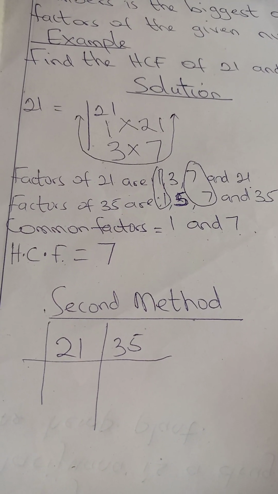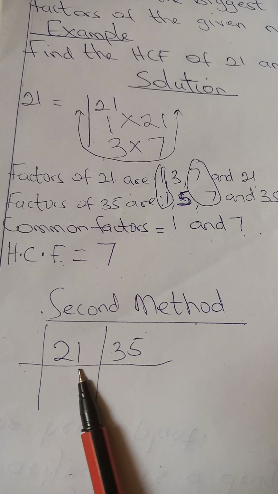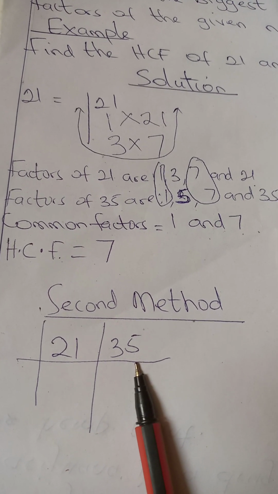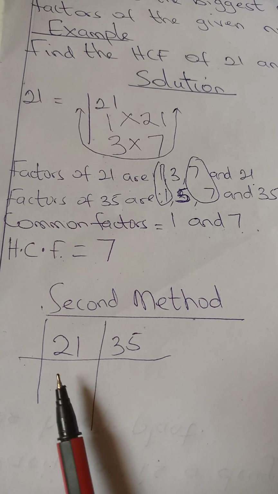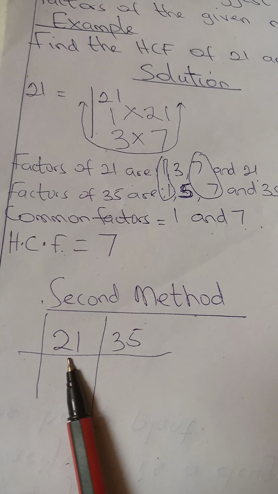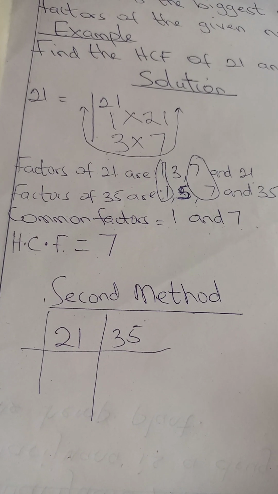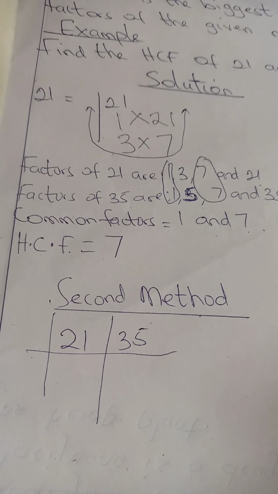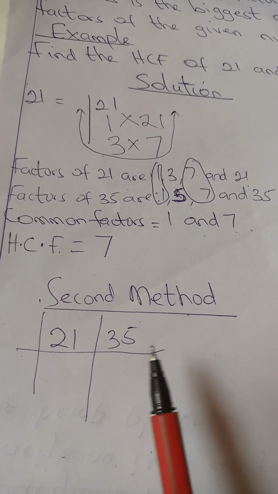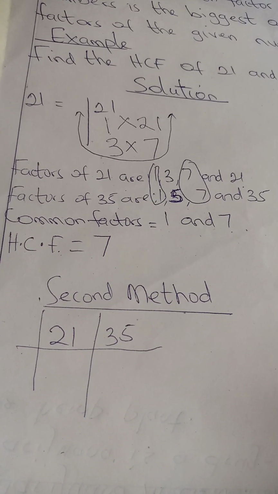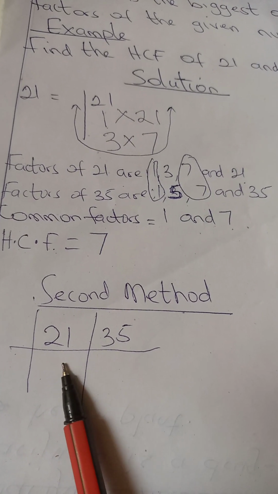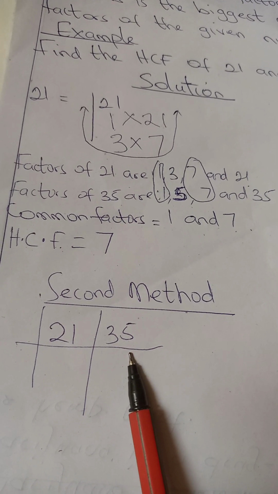After 2, we move to 3. 3 can divide through 21 but it cannot divide 35. So the number you use must divide 21 and divide 35. 4 can neither divide 21 nor 35.